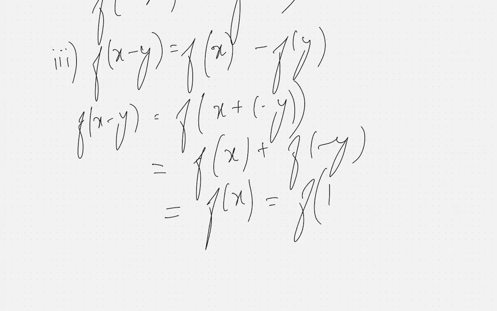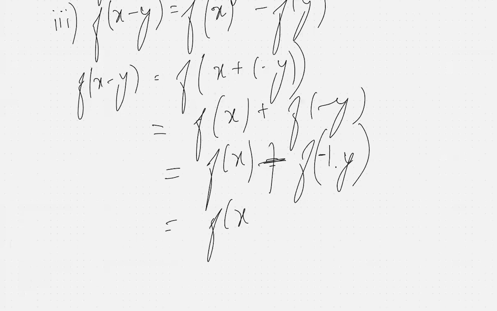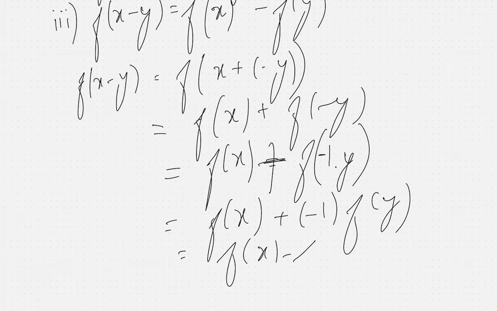Minus 1 is a scalar, plus in between. So we can write this as f of x plus minus 1 times f of y, which is actually f of x minus f of y. These were very small things but very important because they bring confusions at the end.